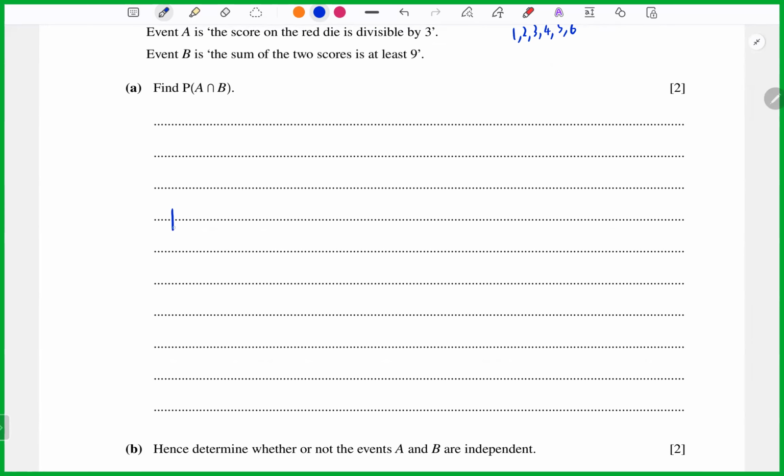This is for blue: 1, 2, 3, 4, 5, and 6. And this is red, also showing 1, 2, 3, 4, 5, 6.